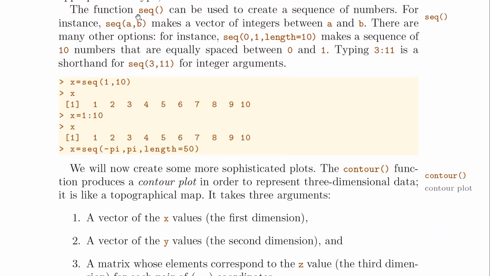The function sequence can be used to create a sequence of numbers. For instance, sequence a comma b makes a vector of integers between a and b. There are many other options. For example, you could tell it from 0 to 1, evenly spaced, and 10 of them. 3:11 is a shorthand for sequence 3 to 11.